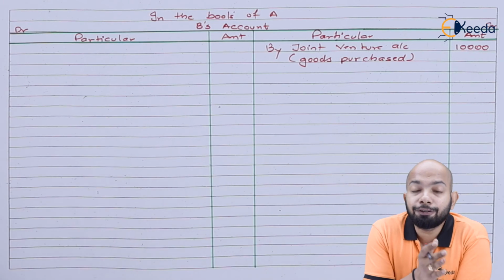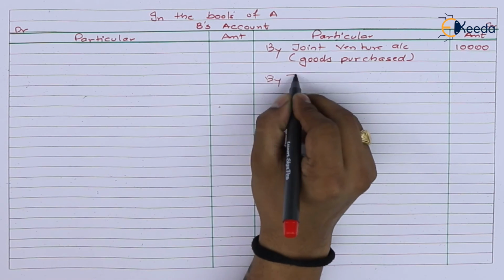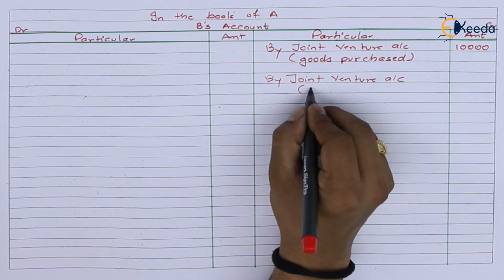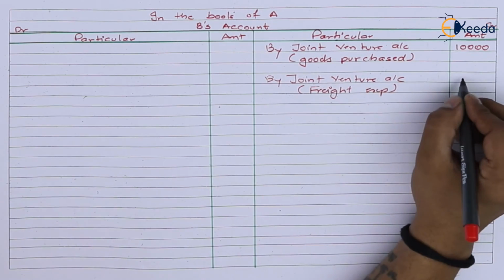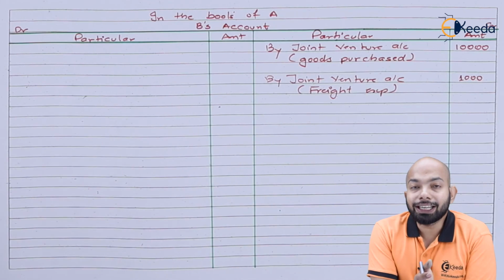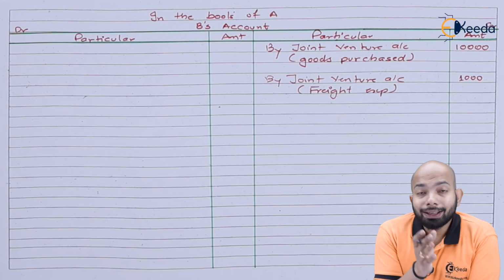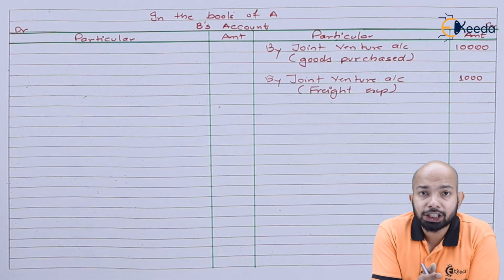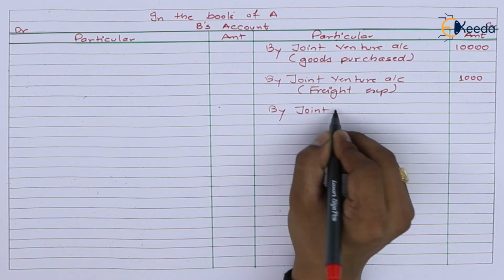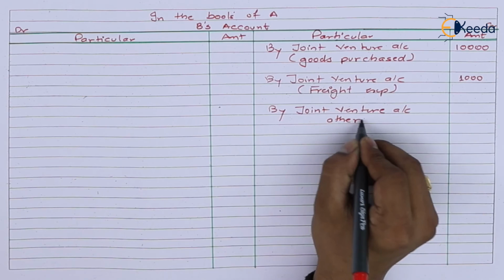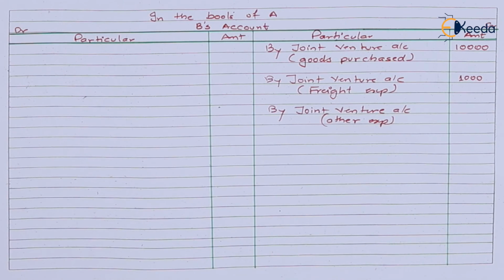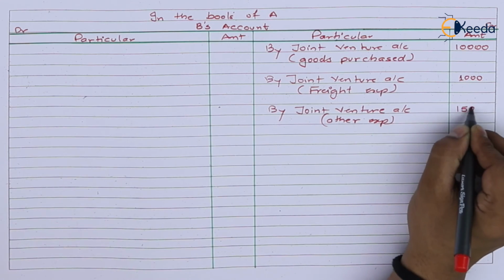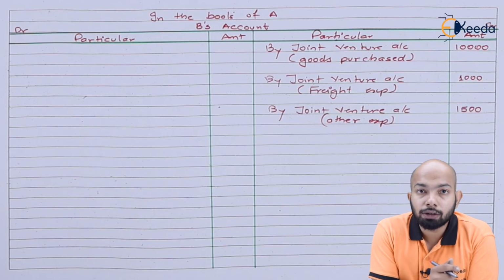The next one will be the freight expenses. So 1,000 freight expenses has also been covered. Next will be the total expenses incurred by B in terms of cash. So that comes to a total of 1,500.